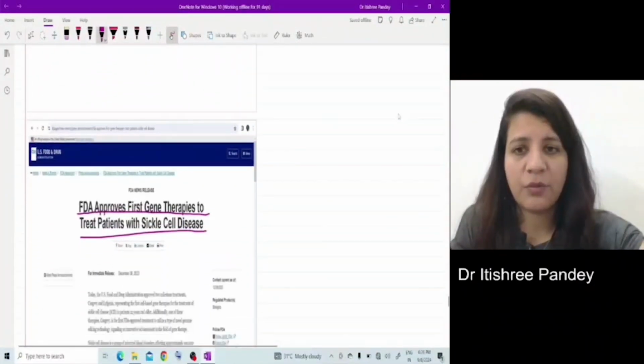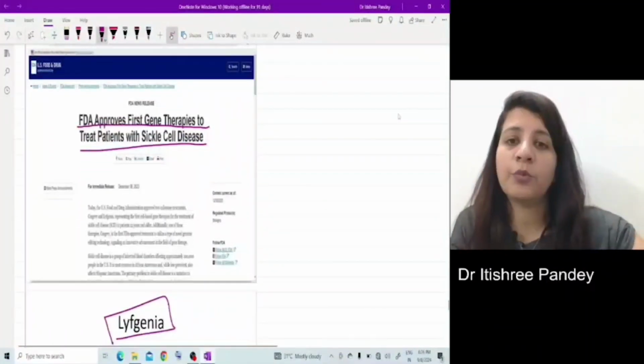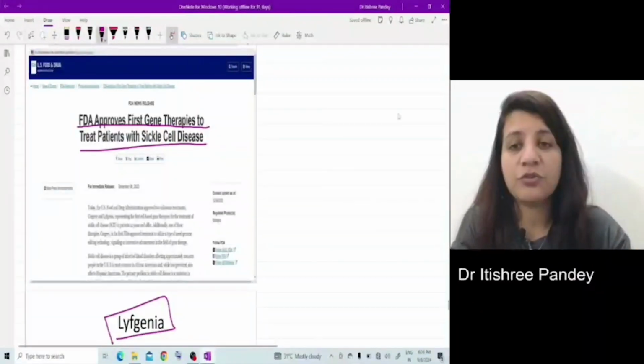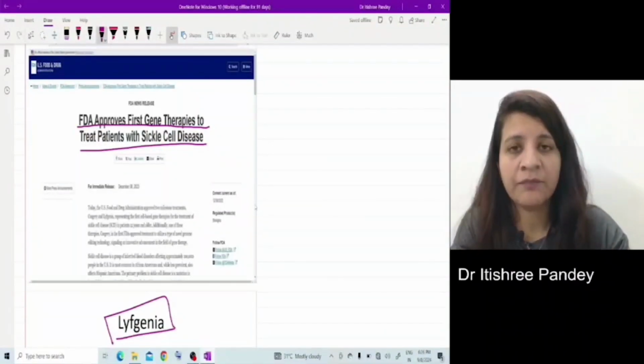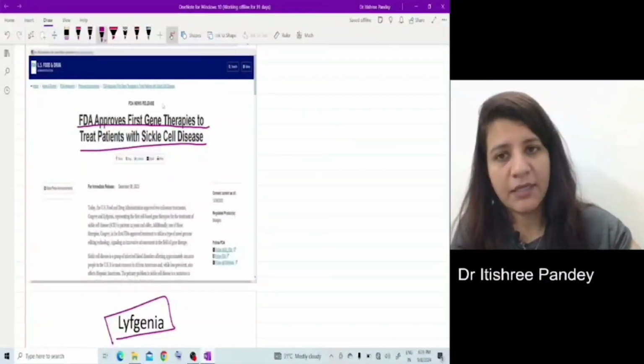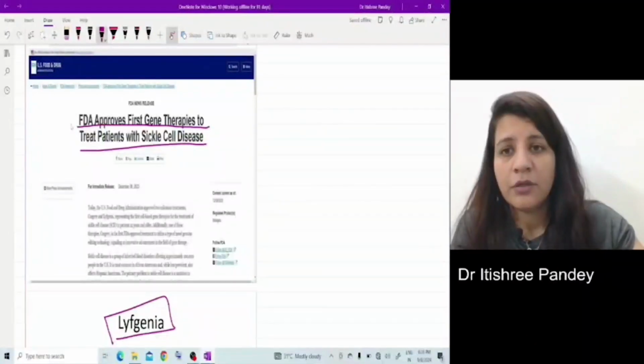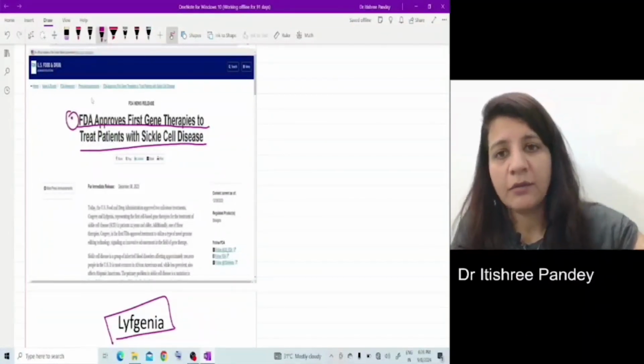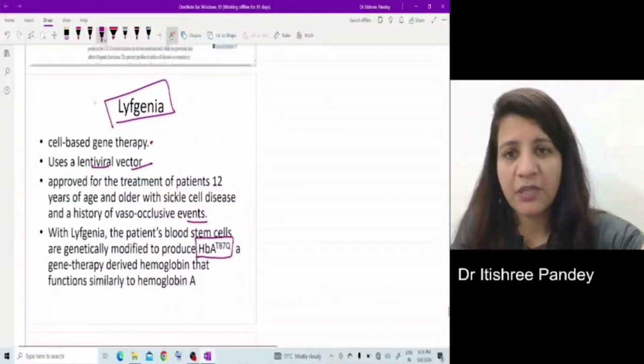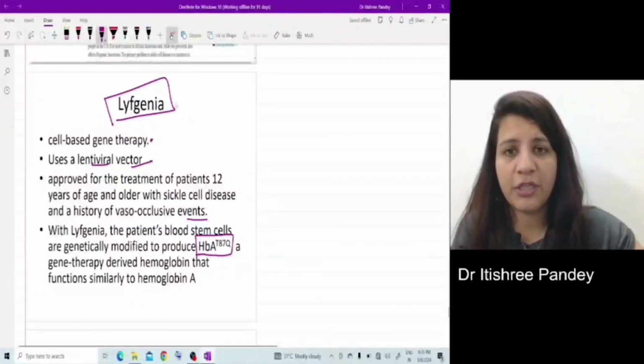Now in recent advances, the FDA has approved the first gene therapy to treat patients with sickle cell disease. It is recently approved and could be asked under gene therapy or as recent advances in sickle cell disease. This gene therapy is called Lyfgenia.